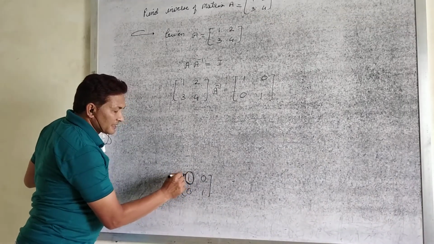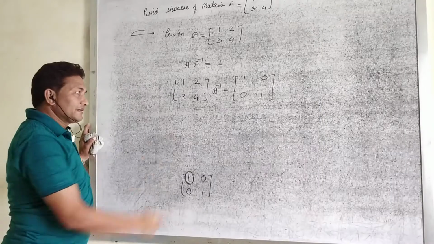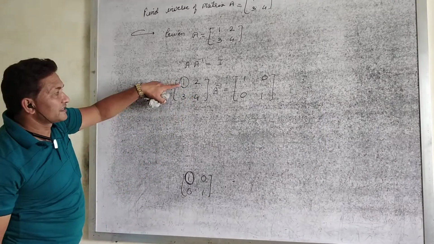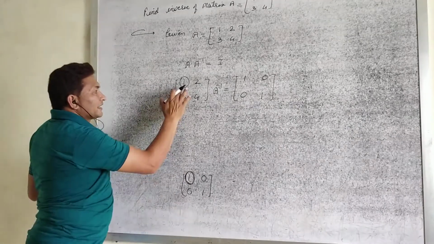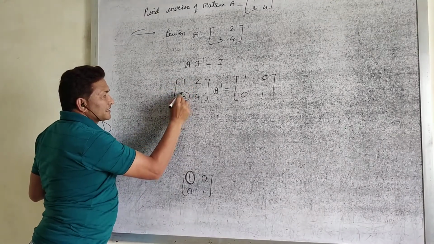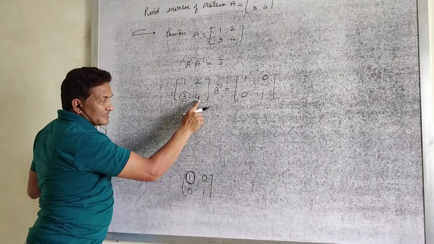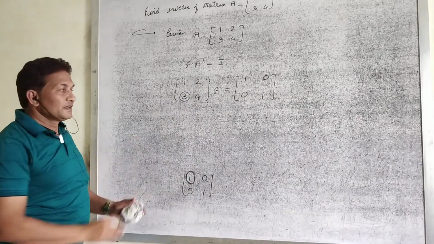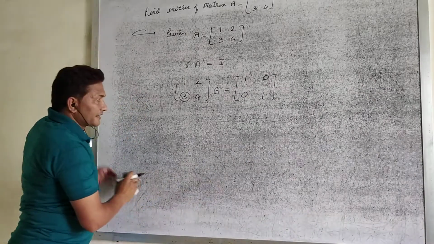In identity matrix, first element must be 1. In this matrix also there is 1. So hence no need of changing this element. Now we convert the remaining elements: this element into 0, this element into 1 and this element into 0. So use the operation which we already learned.